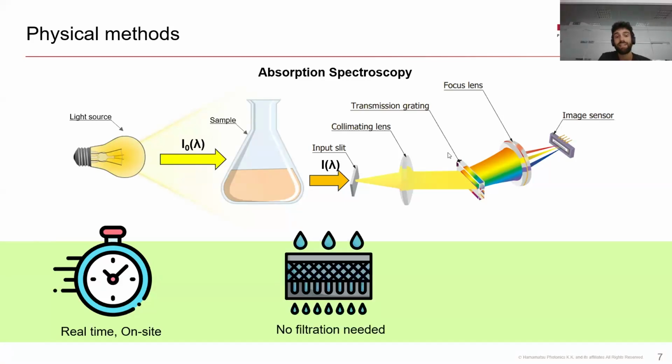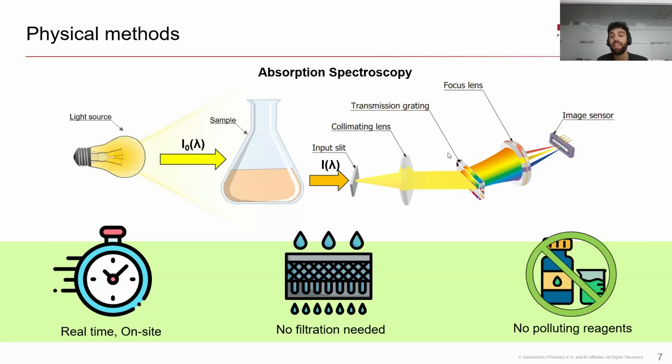Another advantage is that this method does not need any filtration in general, and we will see about that as well. Plus, there is no need for any polluting reagents. In fact, with this method, we never touch the sample itself, so we never physically interact with it. We just have a light interaction. We never need to mix anything with it.